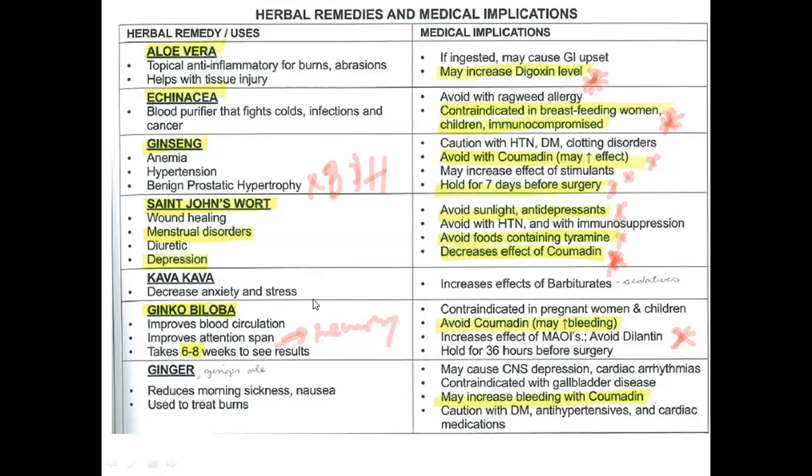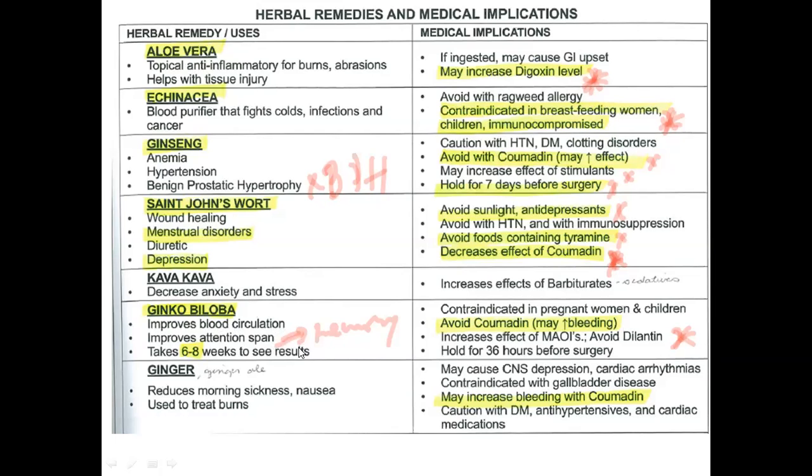So kava kava and barbiturate not together. Ginkgo biloba. Ginkgo biloba we use to improve the blood circulation, improve attention span, or it takes 6 to 8 weeks to see the result if anybody takes it.